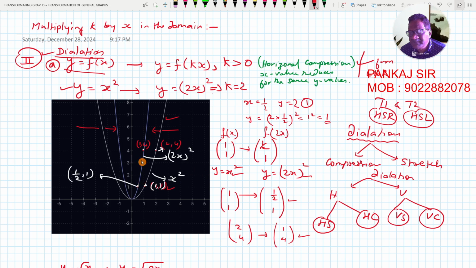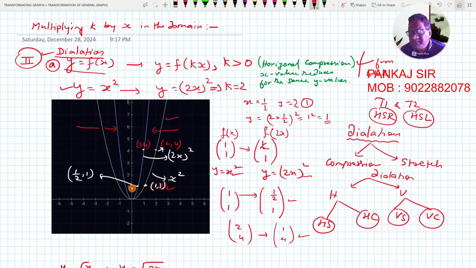Now here on the blue graph, if you want to keep the y the same, that is 1, because on f of x I have taken the point 1 comma 1, so on the transformed graph also I'll take the y coordinate 1 only. So for 1, what will be my x value?